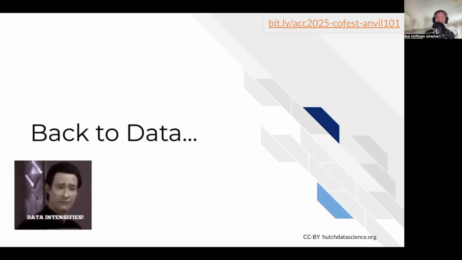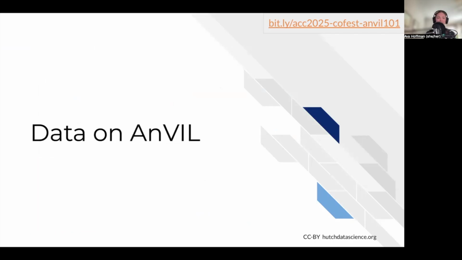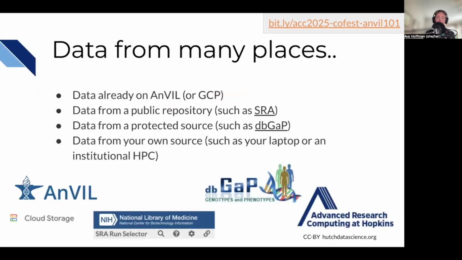All right, so let's get back to the data now that we've had a quick intro about what AnVIL is. And we'll specifically talk about where you can get data on AnVIL and how that might look and be set up. Data can come from many places. So data may already exist on AnVIL or GCP, and you can discover that using our AnVIL Data Explorer.